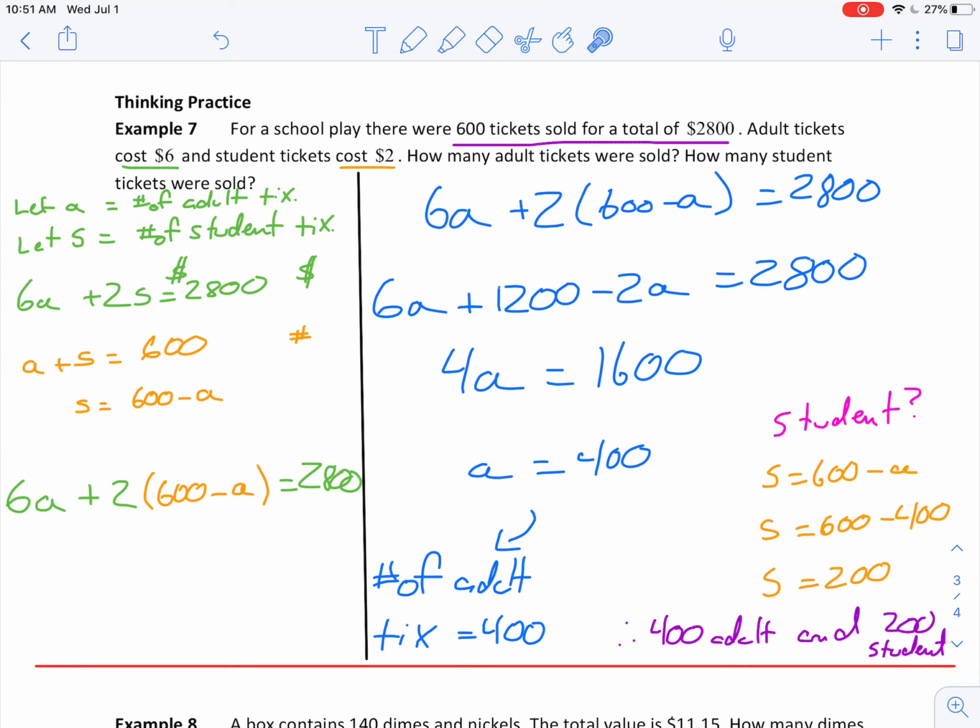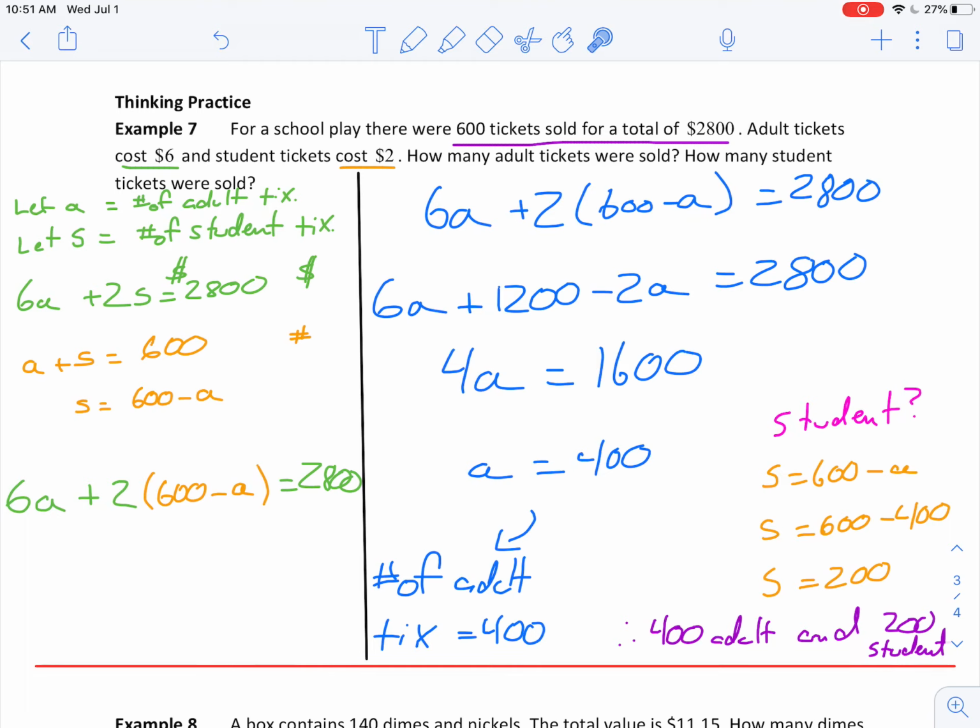The 2 equations we're going to play with are something that has to do with money and then the number of tickets. So 6A plus 2S equals $2,800. And then how many tickets were sold? Well, 600 were sold. So with the combination of adult tickets and student tickets, you get 600 tickets sold.